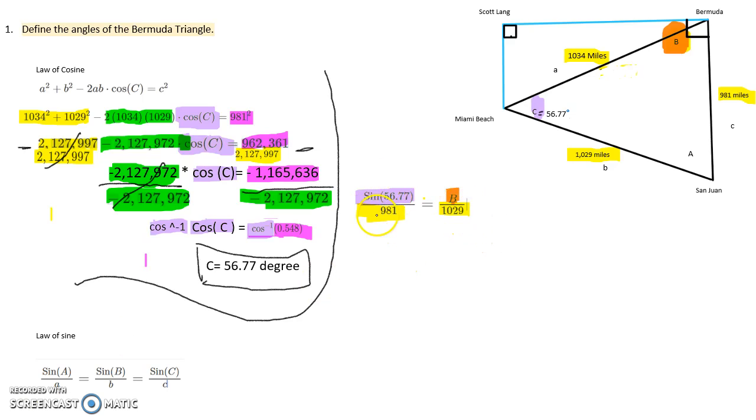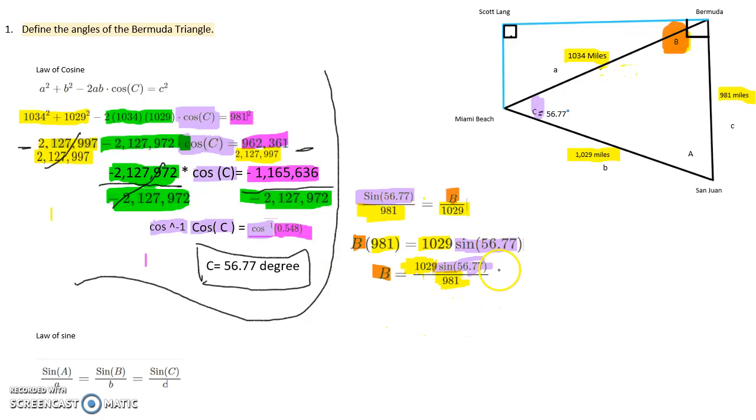Next, we cross multiply, and this would be the equation you should have, same as mine. As you can see here, b was multiplied by 981, so in order to leave b alone, we have to divide both sides by 981. Then this would be the final equation that we need to solve.